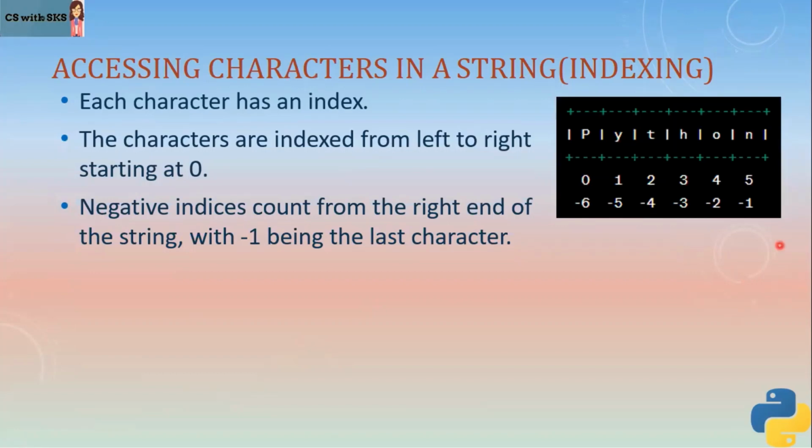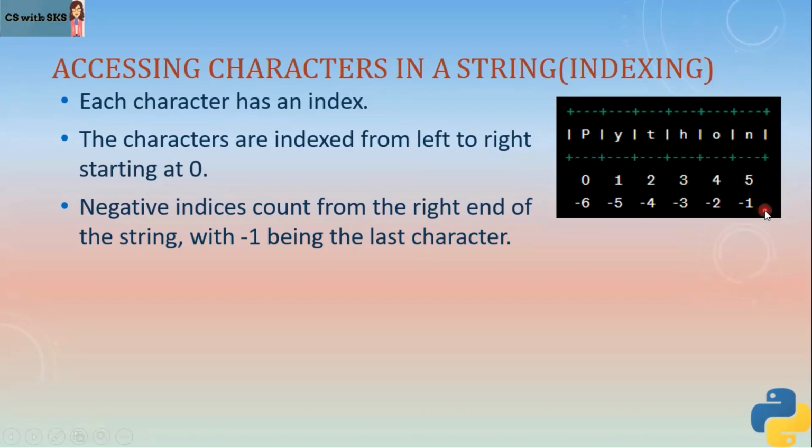You can see here, if Python is a string, then the positive index of P is 0, Y has index value 1, T has 2, H has 3, O has 4, and N has 5. These are positive index values starting from the left going towards the right-hand side.